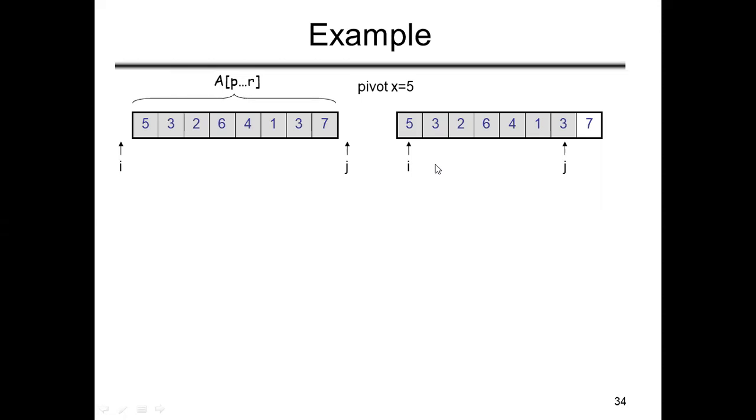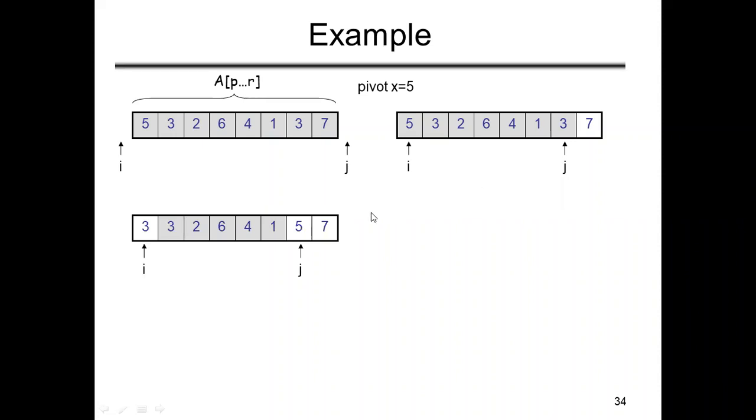If it is greater than 5, I will stop there. So check here: 3 is less than 5, so no need, continue. 2 is less than 5, continue. 6 is greater than 5, so stop here. Now I is pointing to 6.